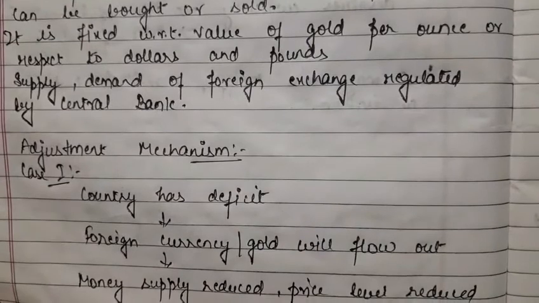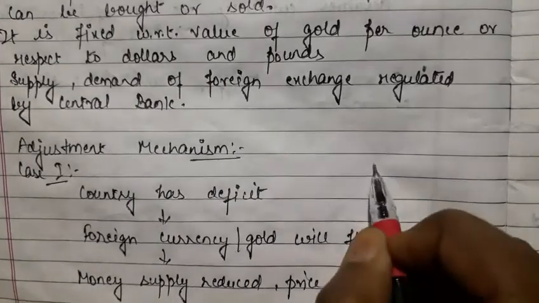Now let us see how we use this fixed exchange rate. In our balance of payments, which we have done, the balance should always be zero. There are two things in it, the current account and the capital account. When we total the current and the capital, the balance should always be zero. But in the current account, we can have a deficit balance or a surplus balance. In the current account we have two columns, debit and credit.